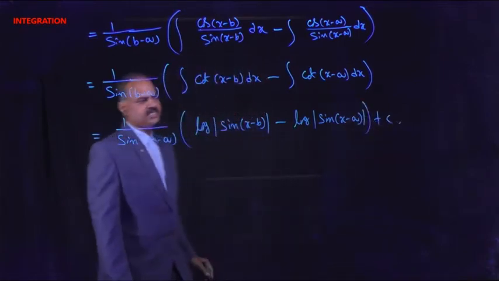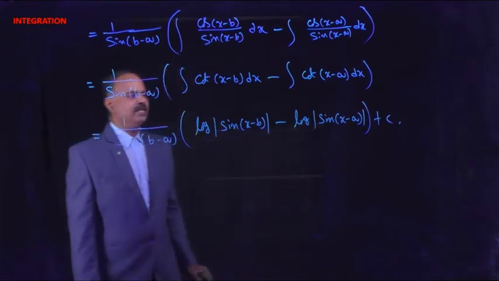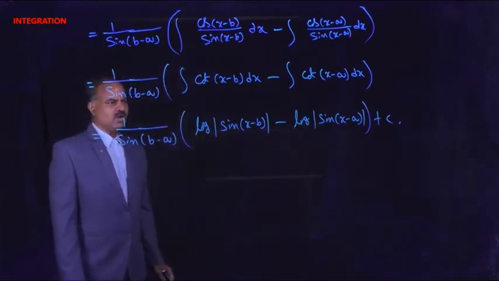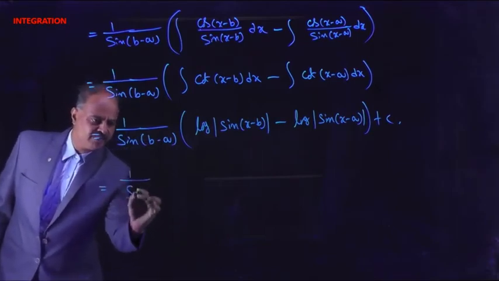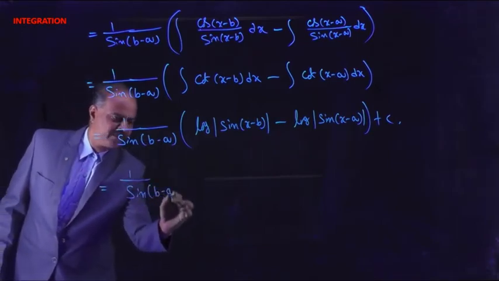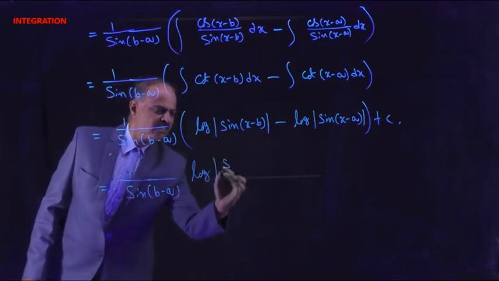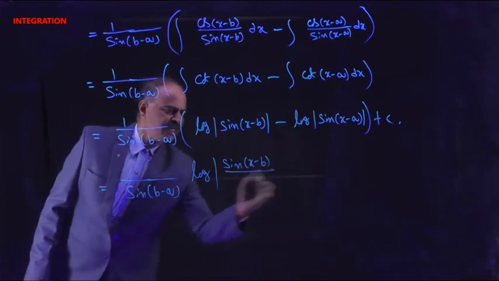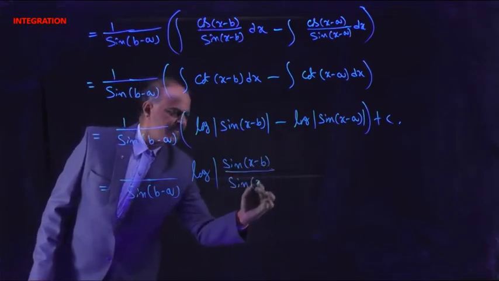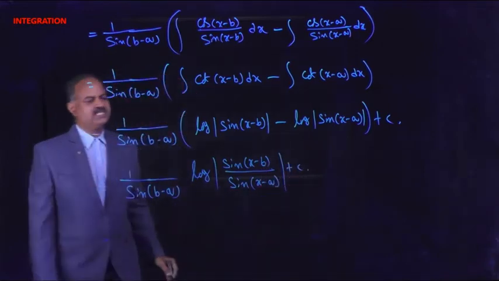plus integration constant c. Now this is of the form log a minus log b, so that is equal to log a by b. So this is equal to 1 by sin(b minus a) into log modulus of sin(x minus b) divided by sin(x minus a) plus integration constant c.